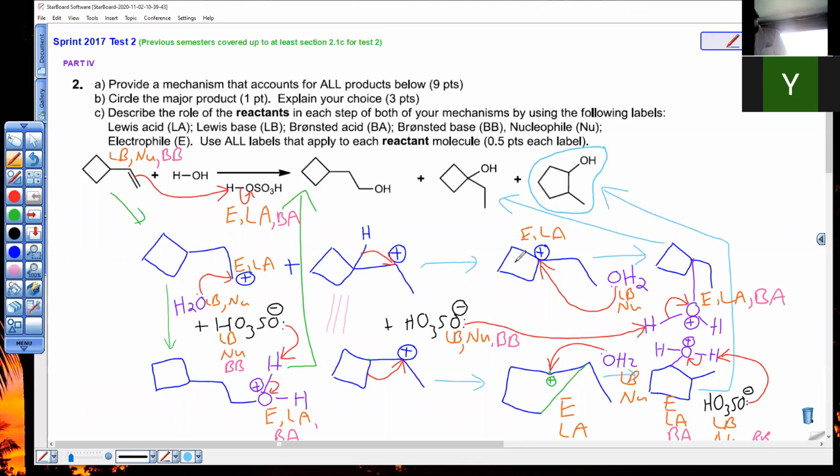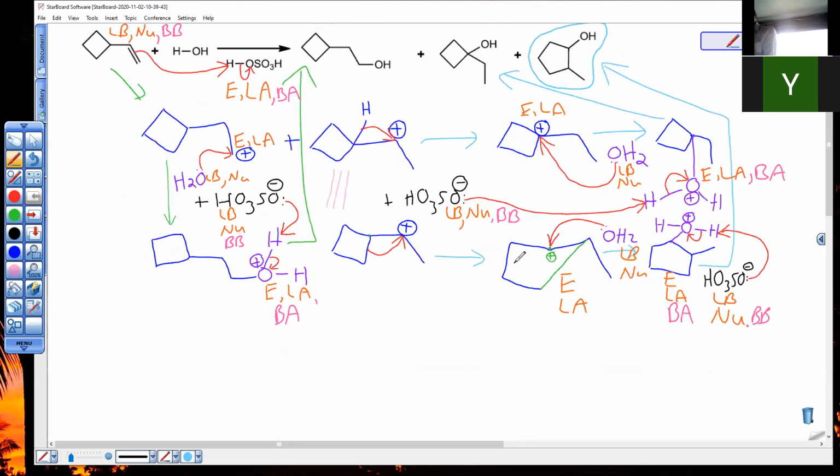And this is part B. My explanation has to talk about the cation from whence this came. So carbocation there.